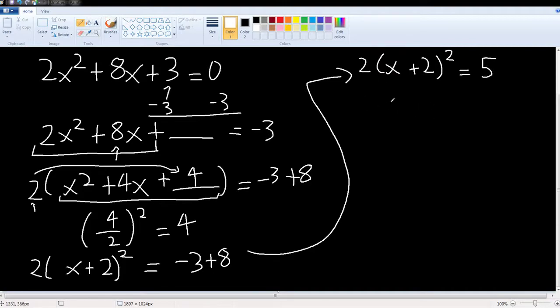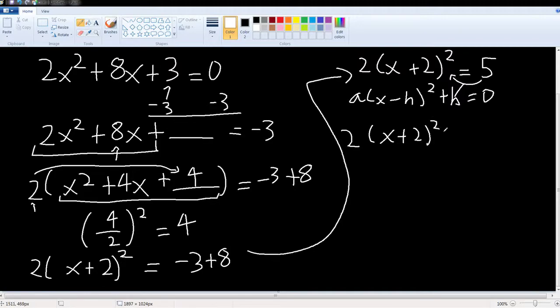Now remember the form we want to get this into. So we want it to look like a times x minus h squared plus k equals 0, right? So we need to move the 5 to the left side, and then here's what we get. We get 2 times x plus 2 squared minus 5 is equal to 0, and as you can see, this isn't the vertex form, so we need to change it.